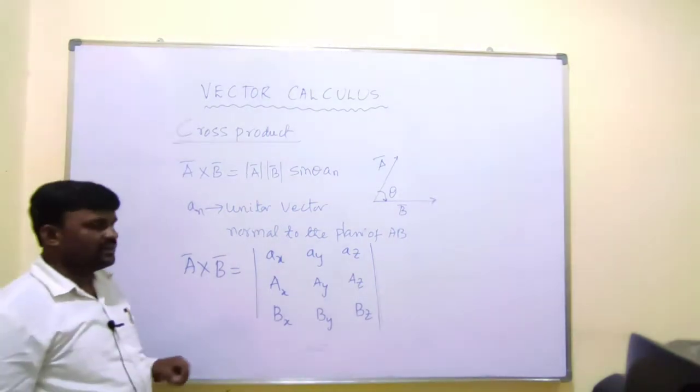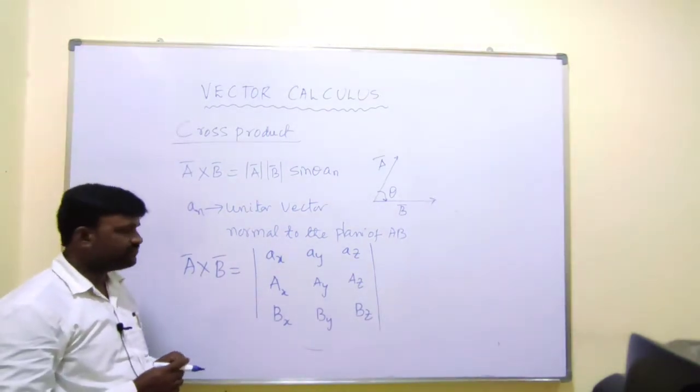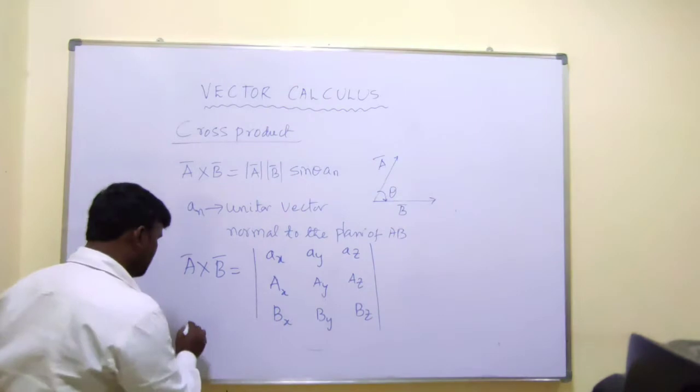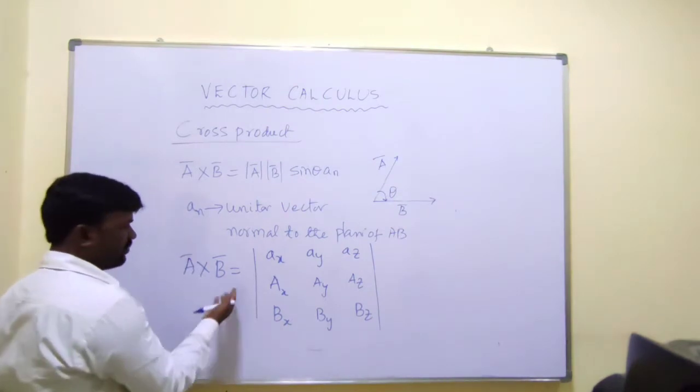If you evaluate this determinant, you will get A cross B.